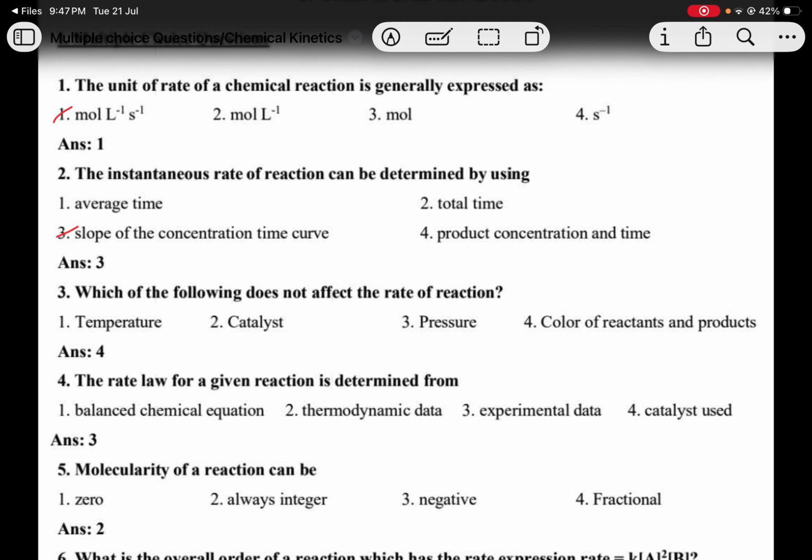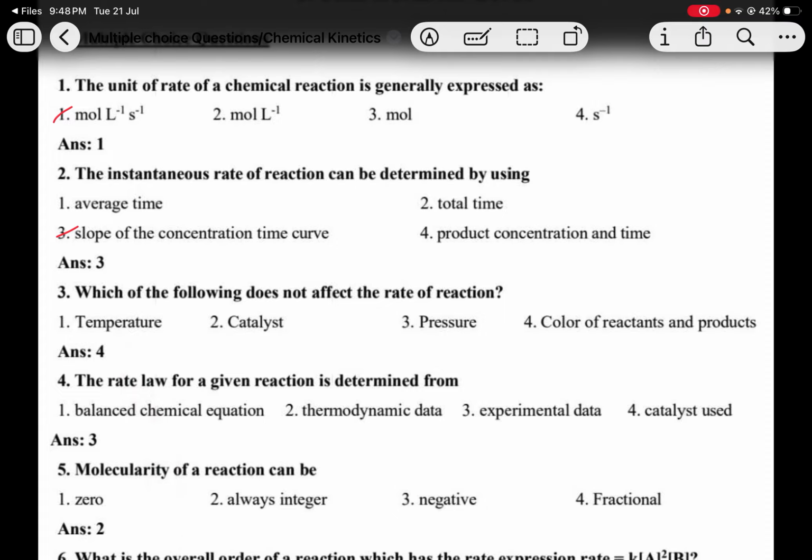Third one, which of the following does not affect the rate of reaction? First one temperature, second one catalyst, third one pressure, fourth one color of the reactants and products. So rate of reaction increases with increase of temperature.